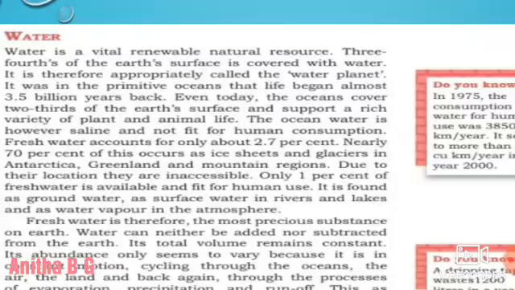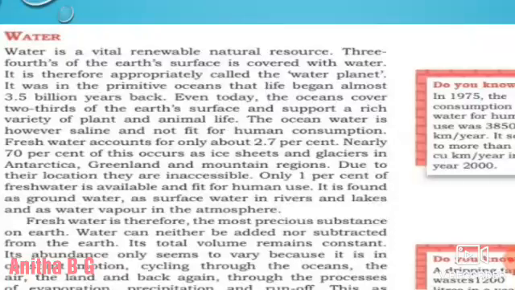So it was in the primitive oceans that life began almost 3.5 billion years back. Even today the oceans cover 2/3 of the earth's surface and support a rich variety of plant and animal life.